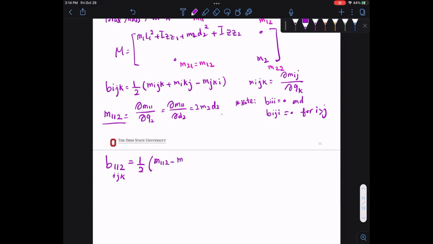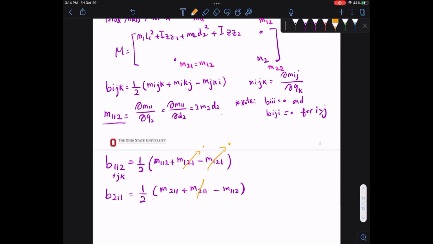M112 plus M121 minus M121. We know these are zeros because for any of the other M's, M121, the differential is going to be 0. So we're not even calculating that. Then B211 is 1/2 M211 plus M211 minus M112.